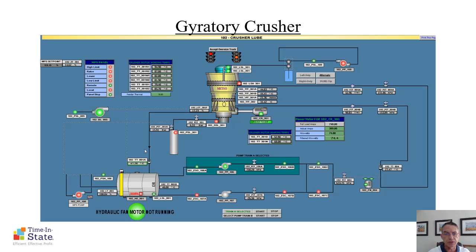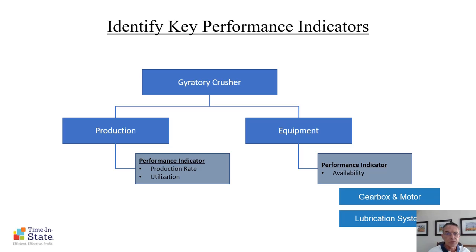And we will break this particular process into two components, mainly process on the one side and on the other side the equipment. And we will take a modular approach to evaluate and monitor the respective conditions related to this particular crusher. If you take the gyratory crusher and look at production, the production key performance indicators are production rate and utilization.